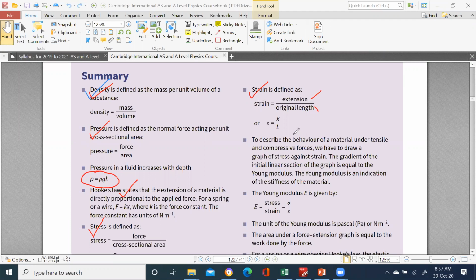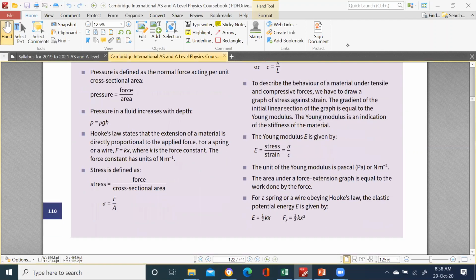We looked at Young's modulus finally, whereby we say that Young's modulus is the ratio of stress to strain. Then we also looked at some calculations concerning Young's modulus.